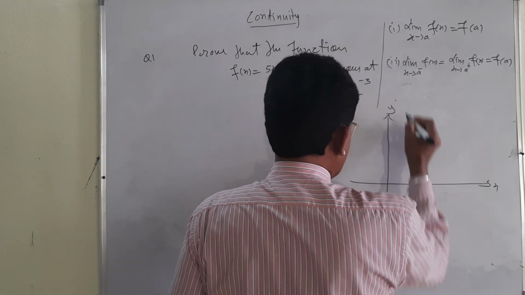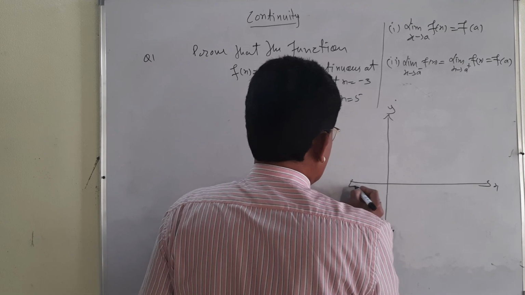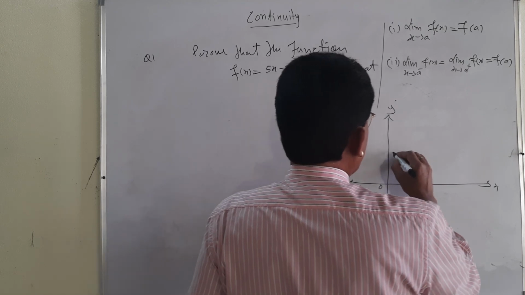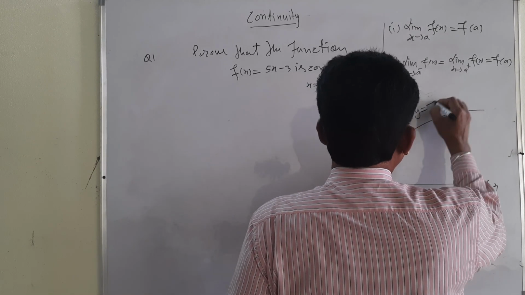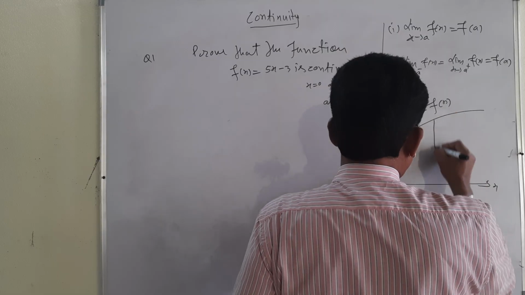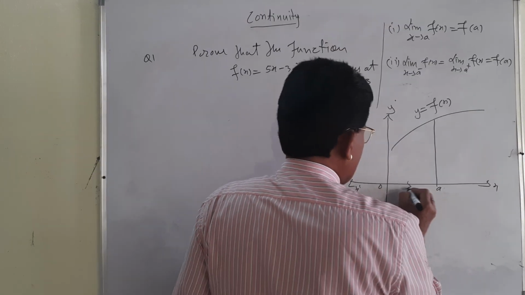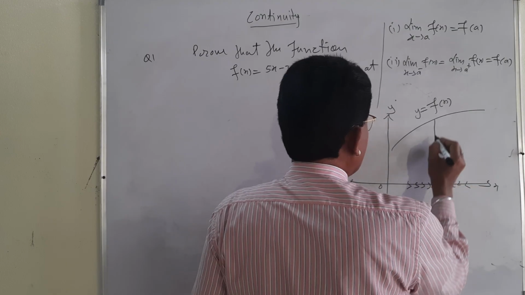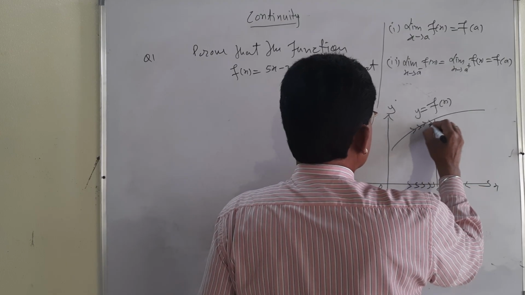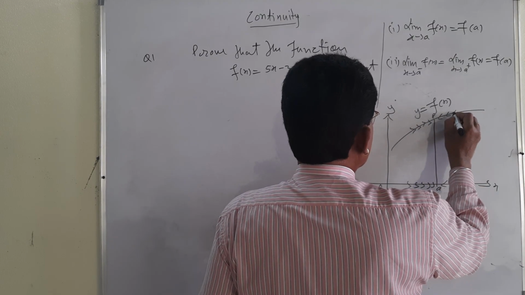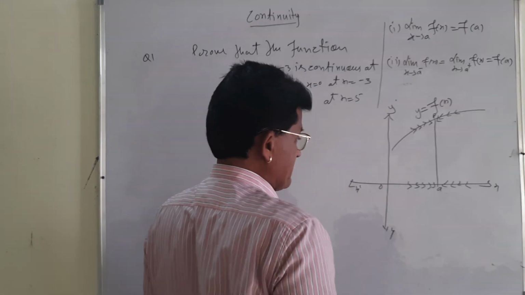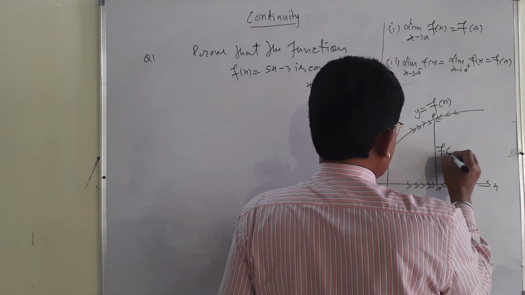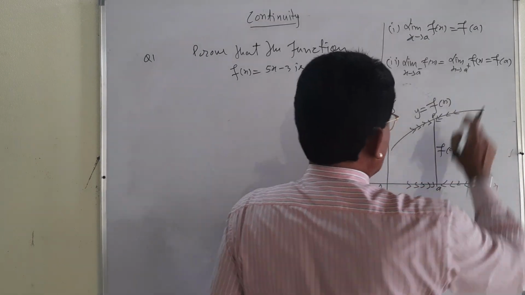X-axis, y-axis, y dash and x dash, origin. Suppose you take this in the graph, y equals f(x). Take a point a, approach towards a from the left side as well as from the right side. This is point P, approach towards P, and this is f(a), as I have given.